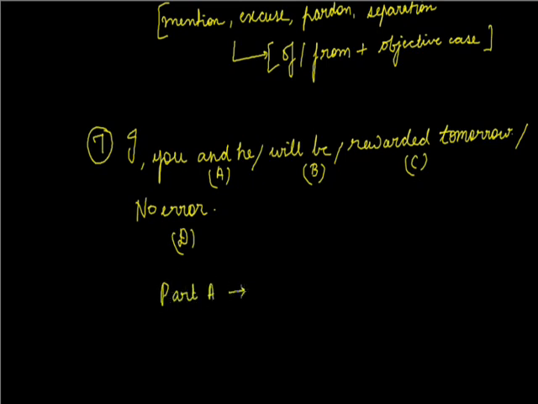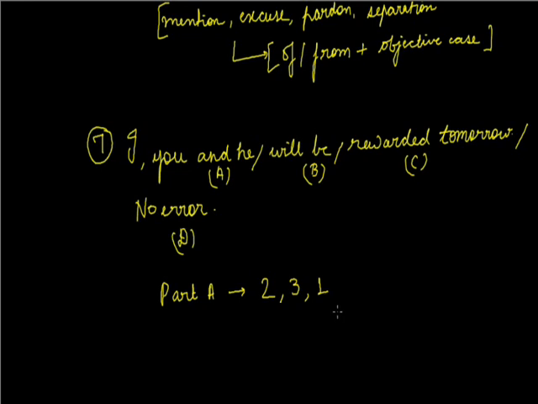The correct pronoun order should be second, then third, then first. That means second person should be at the first position, afterwards third, and afterwards first person should be there. As the sentence is taking some positive aspect, they are to be rewarded tomorrow.